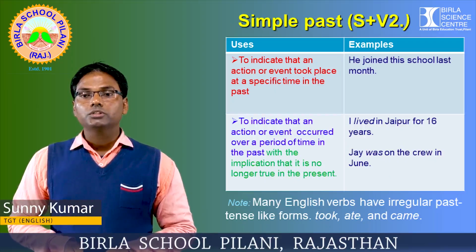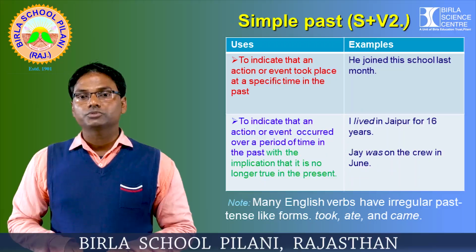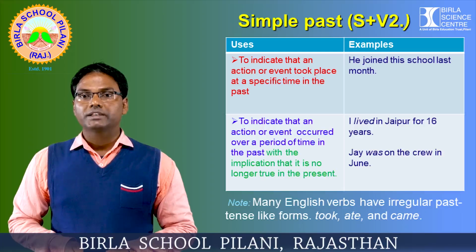So all those irregular verbs with their second form will also be used in it. So I think you understood and got the uses of simple past tense clearly over here.